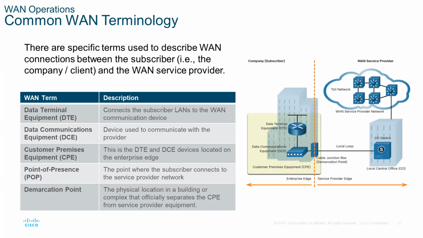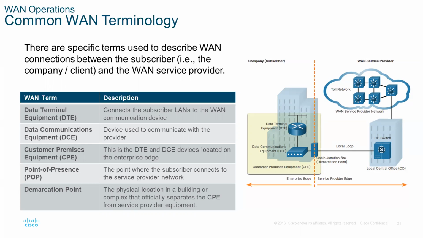But generally speaking, when we're talking about enterprise level WAN connections, we have common items, one of which are data terminal equipment, DTE, data communications equipment, DCE, customer premises equipment, point of presence, and demarcation points. Now, this is a set of equipment that we use to represent who's providing what.